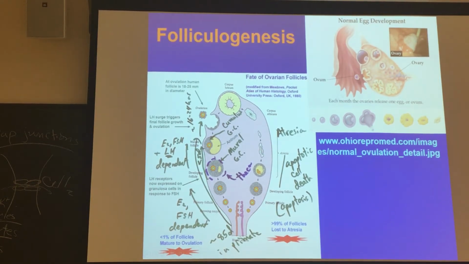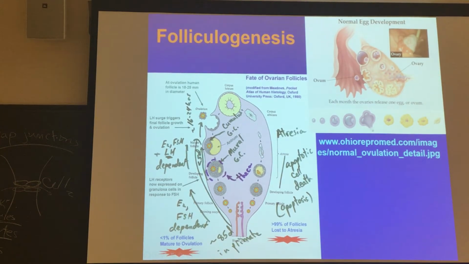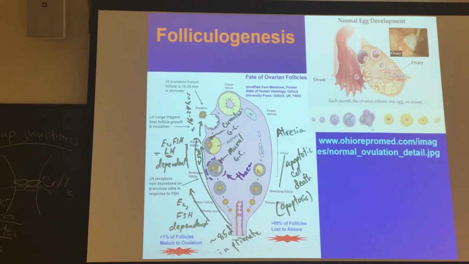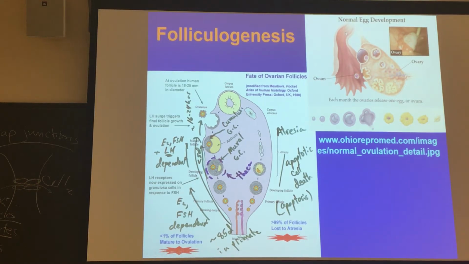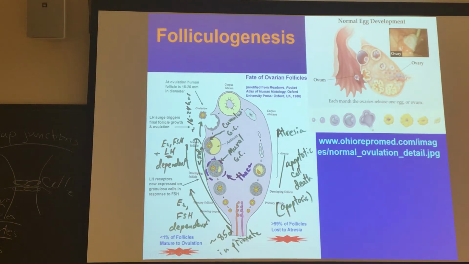So this is another picture of egg development, and this is a nice depiction of the interaction of the shed oocyte cumulus complex with the fimbria, the finger-like projections that are at the end of the fallopian tube. It also shows what's called the os, or the opening to the fallopian tube, and the opening into the lower reproductive tract.